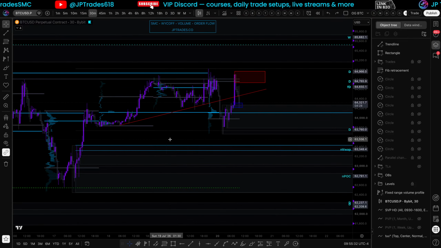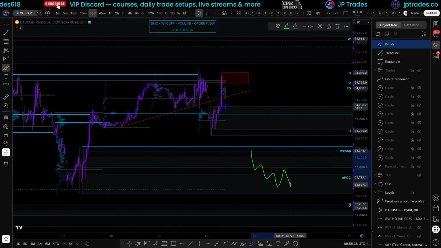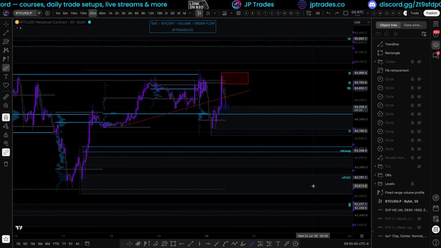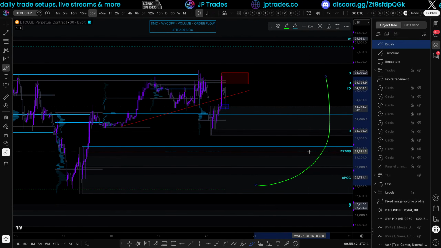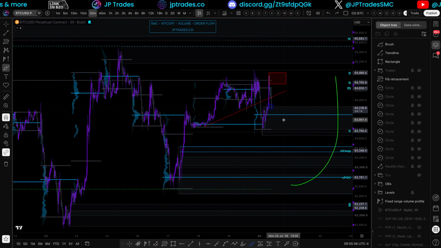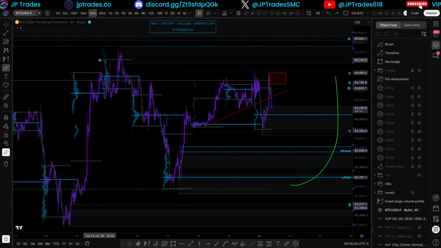But since that is a larger order block, we might spend a little bit of time here, might take a few hours to build out an accumulation here to really bring us back up to the top of this channel, and hopefully eventually taking that high or SFPing that daily high, that daily SFP up there.